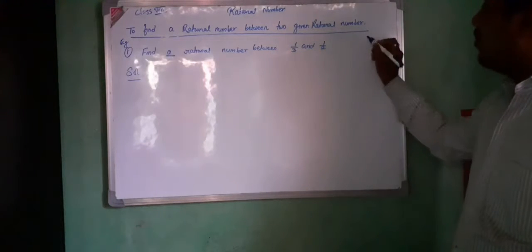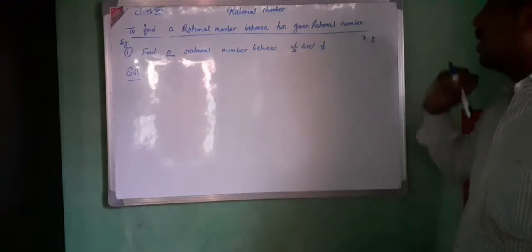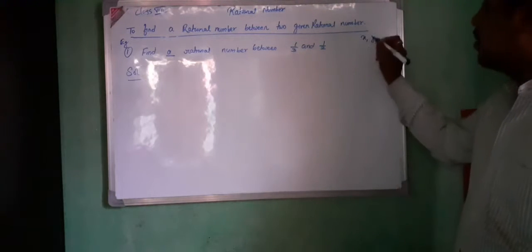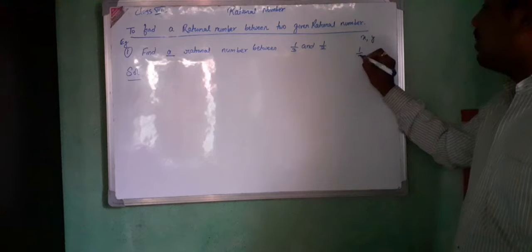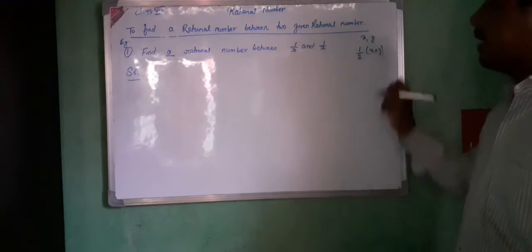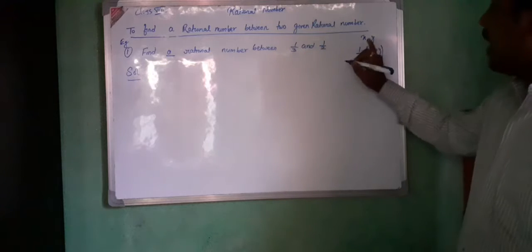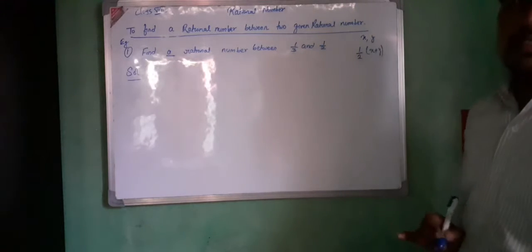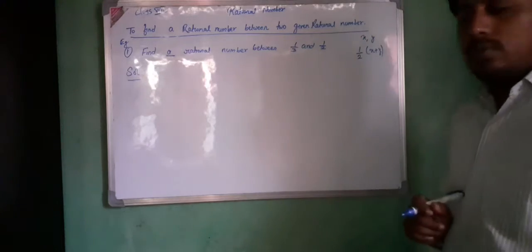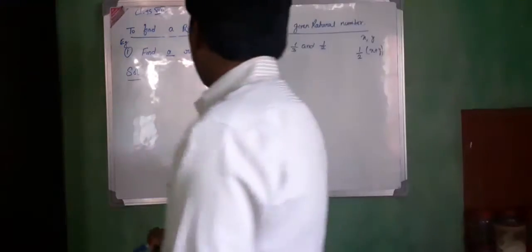there is a formula. If x and y are two rational numbers, then to get one rational number, what we have to do is 1/2 (x plus y). We have to add these two and divide by 2, or multiply by 1/2.